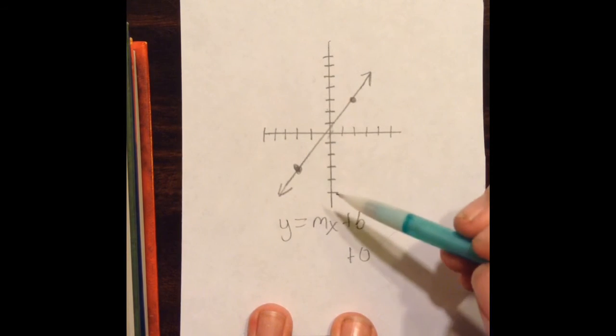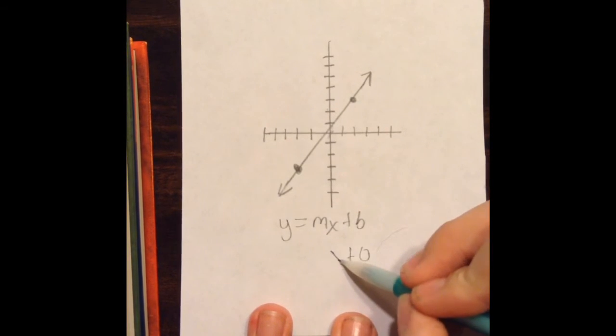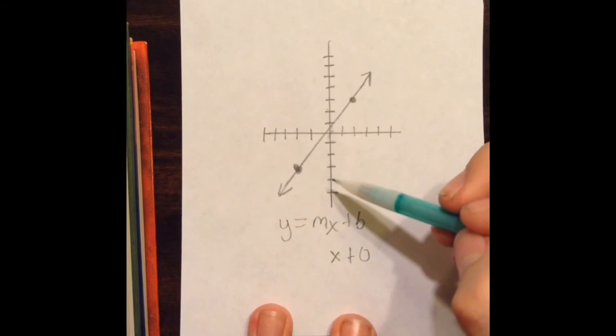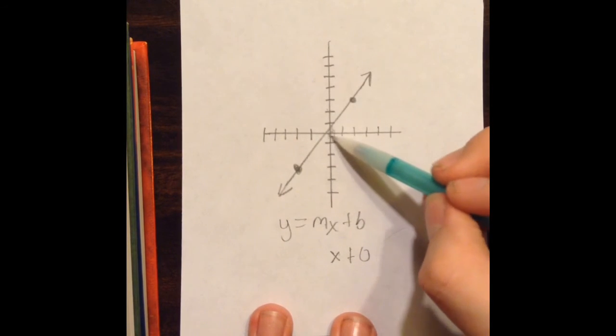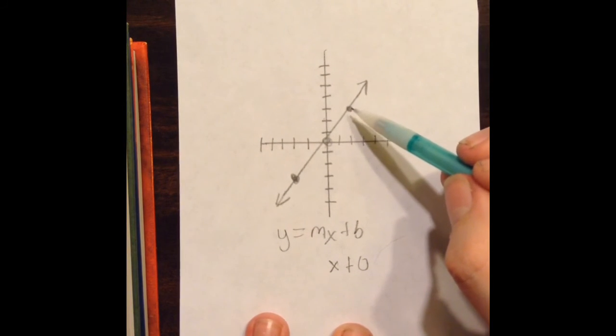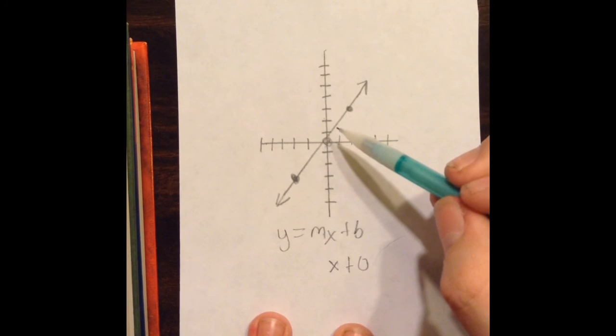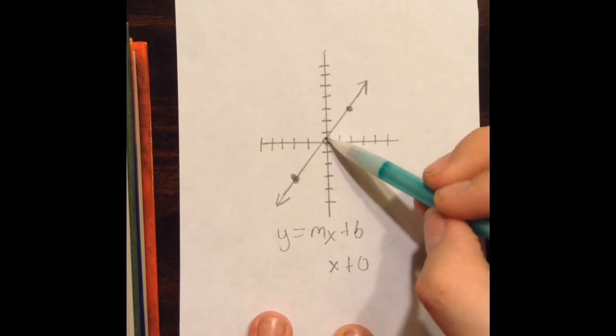So now we have to find the slope. Let's find the slope. We can go from this point here and go to here. Remember, it's either the change in y over the change in x or rise over run. I'm going to do rise over run.